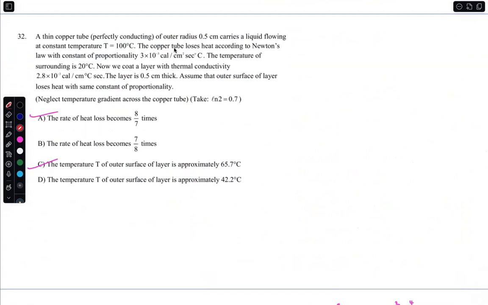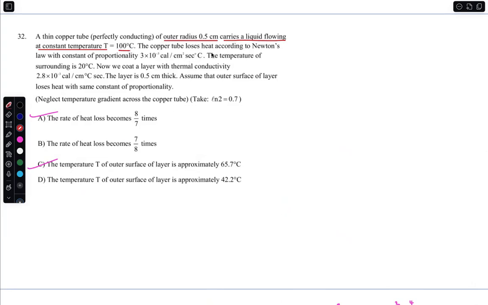Next, a thin copper tube, perfectly conducting, of outer radius 0.5 centimeters carries a liquid flowing at constant temperature T is equal to 100 degrees centigrade.